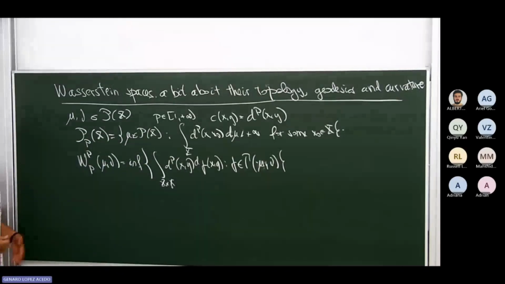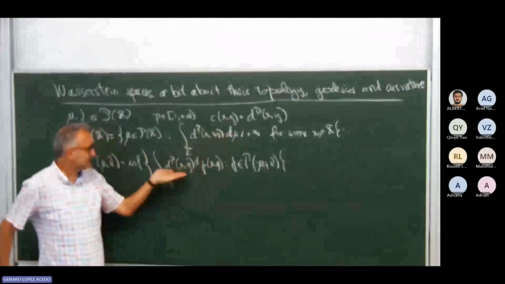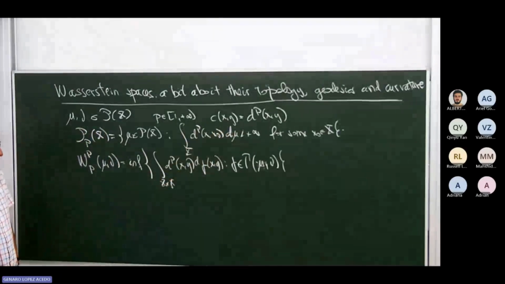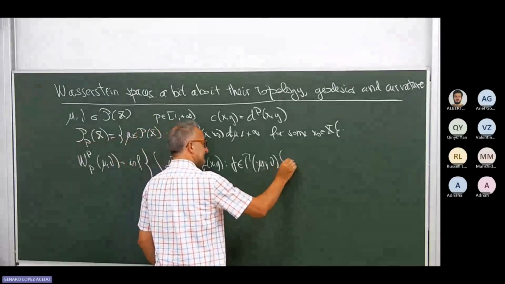And we explained last week that if the function c is taken like this, that is d to the p, we are in the conditions to know that this is actually a minimum.